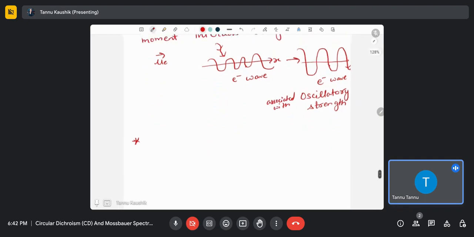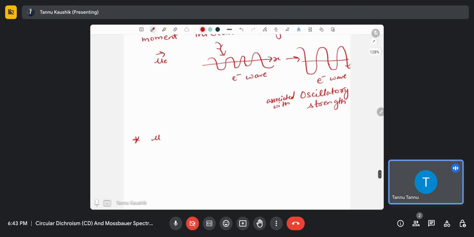Now the question is how this magnetic dipole moment interacts.